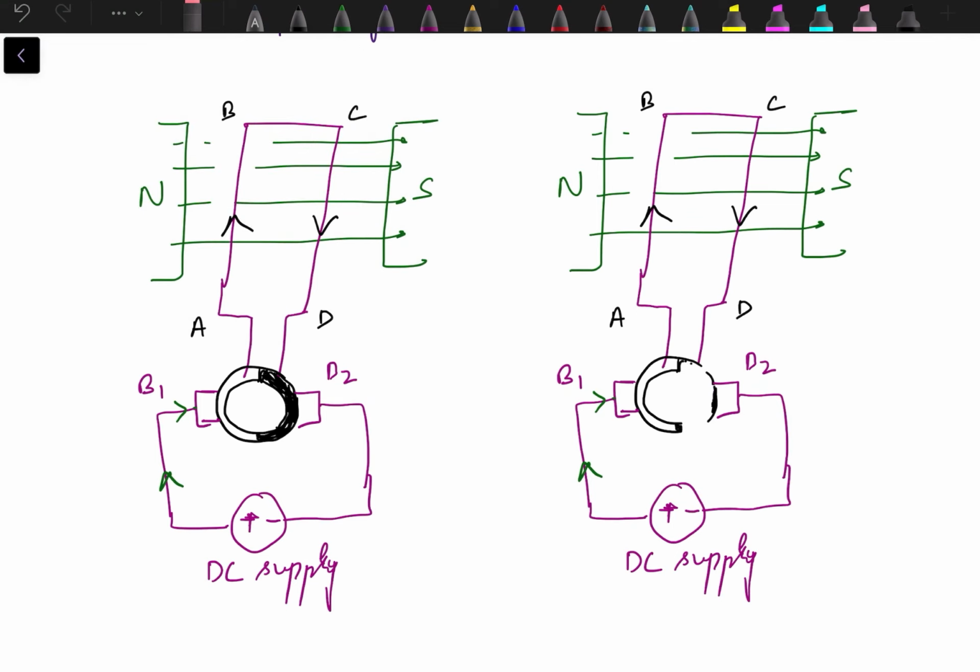Now over here I have just copied it to show you the principle after 180-degree rotation. I will come to that also.